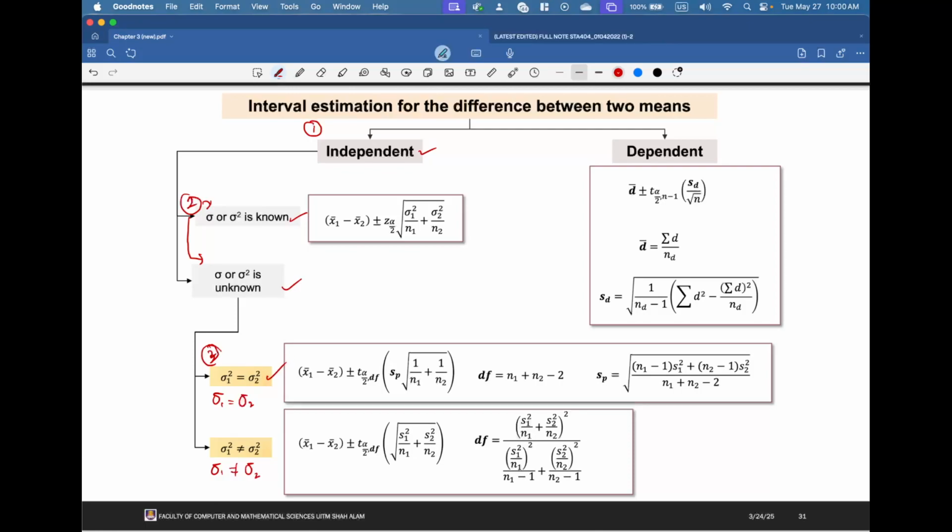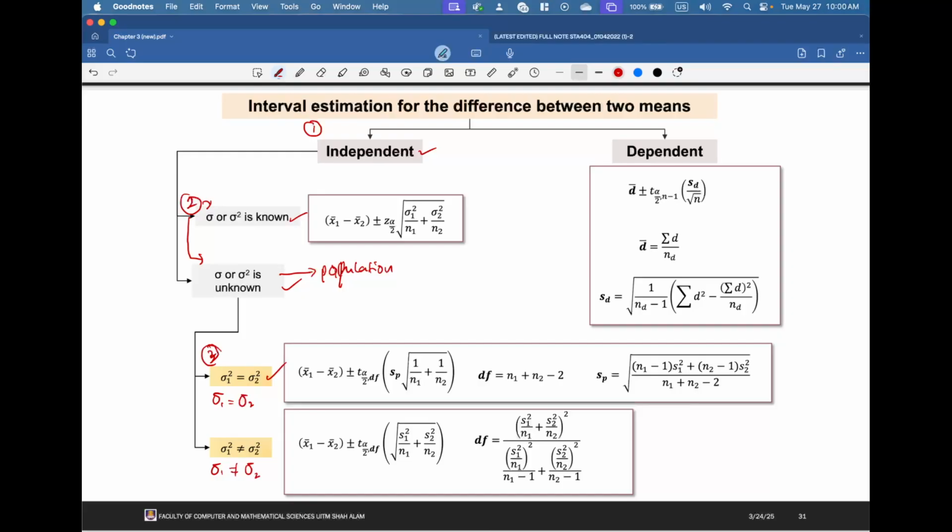So how do we know whether sigma or sigma square is known? This is based on the information given to us, whether the population standard deviation or variance is given or not. That's the first stage.